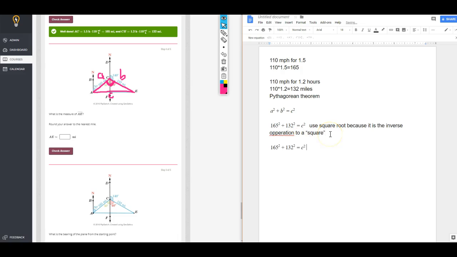And so we would actually have the square root of 165 squared, and this is being square rooted. When you square root something being squared, it undoes it. So it makes it just C, and then we would type this into our calculator.